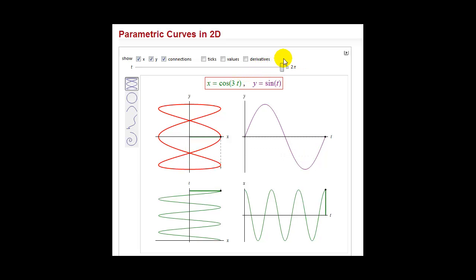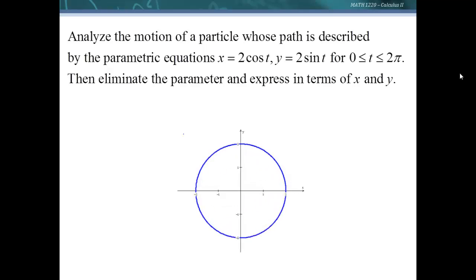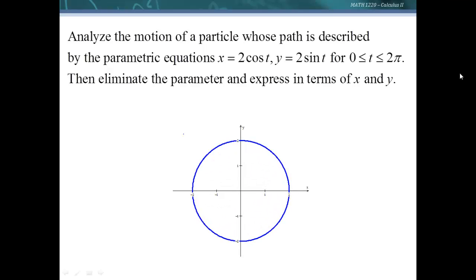So following this video, we're going to have links to these so you can go play with them and observe what happens. So now we've seen what some of these do. We see that this cosine t and sine t is going to be circular, but as we put in t equals 0, we get our x is 2 and our y is 0. So the radius is going to be 2 as we do this.